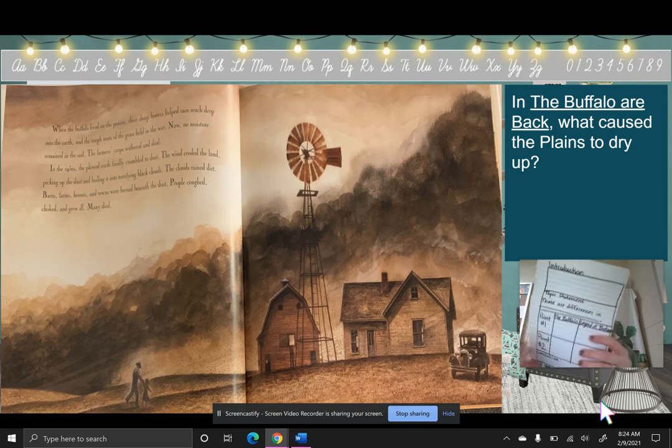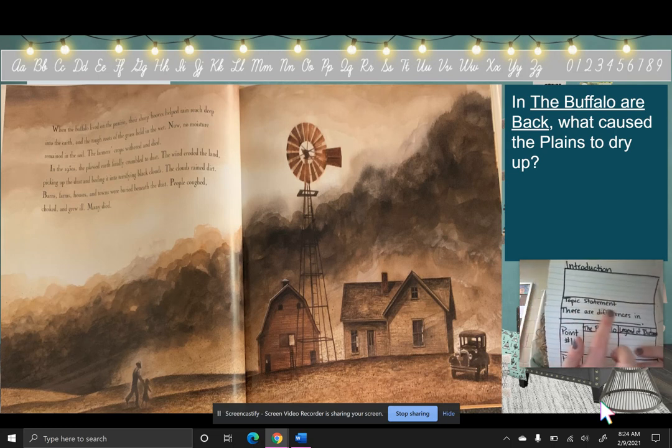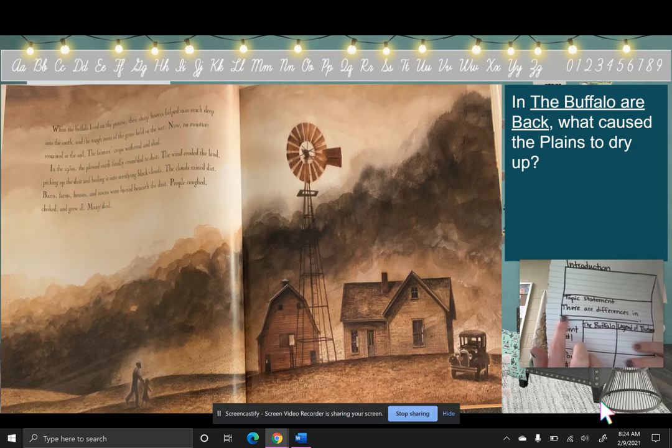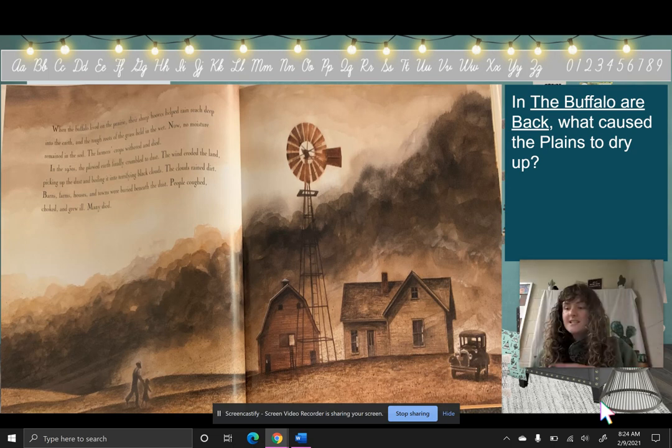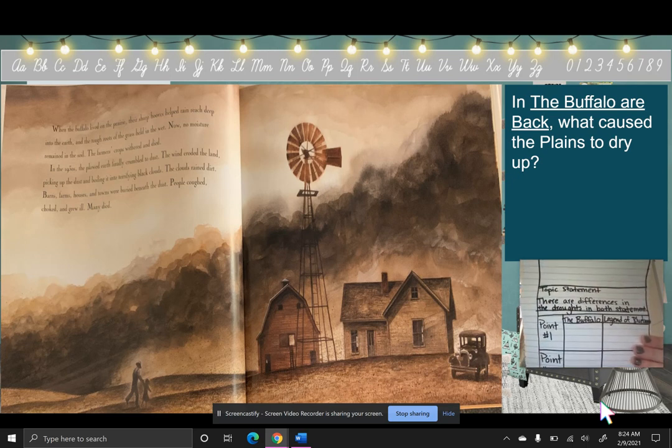So we are going to be talking about the differences in the droughts in both stories. So there is our topic statement. There are differences in the droughts in both stories.